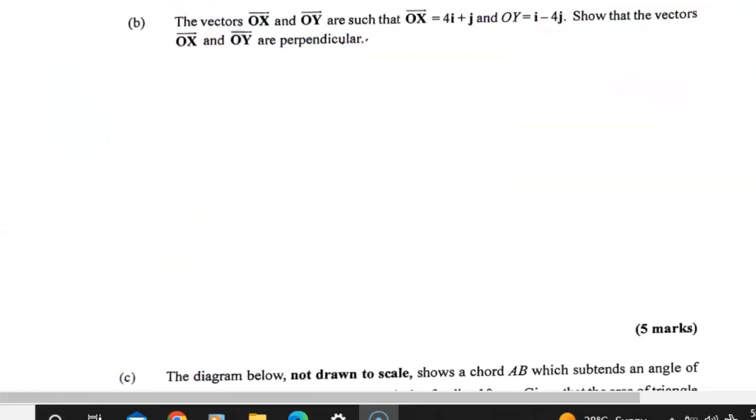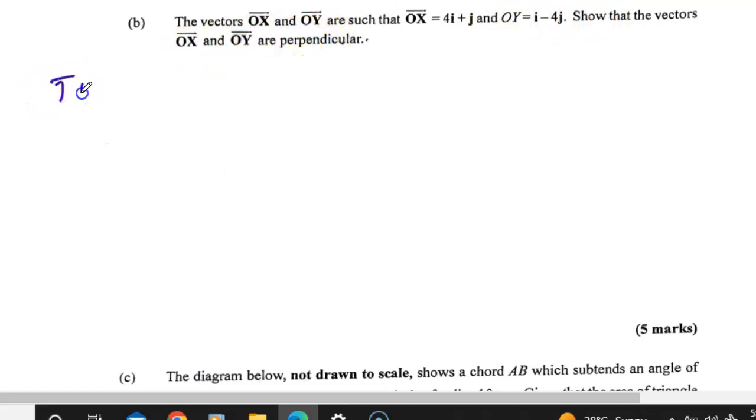So now we're at question 3 part B. The vectors OX and OY are 4i plus j, and OY is i minus 4j. Show that OX and OY are perpendicular.